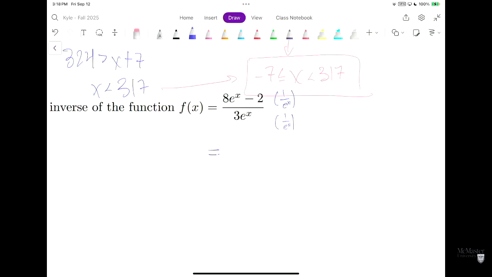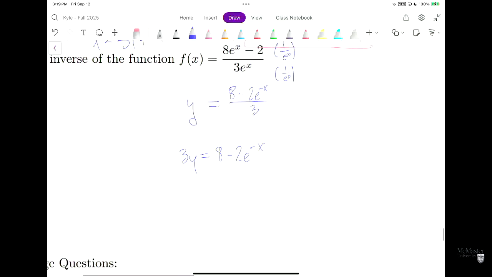So f can be rewritten as 8 minus 2 e to the negative x over 3. If we set that equal to y, let's isolate for x. We'll multiply both sides by 3. 3y is equal to 8 minus 2 e to the negative x. We'll subtract 8 from both sides. So 3y minus 8 is equal to negative 2 e to the negative x.